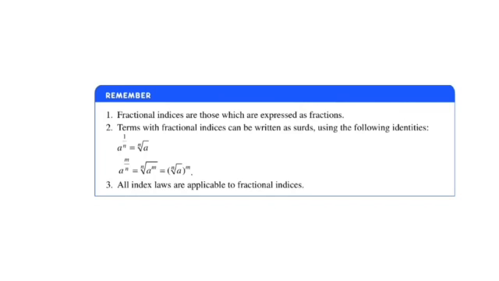And we're laughing, guys. Here's the remember bit for us to go through before we finish up. Number 1, fractional indices are those which are expressed as fractions, of course.